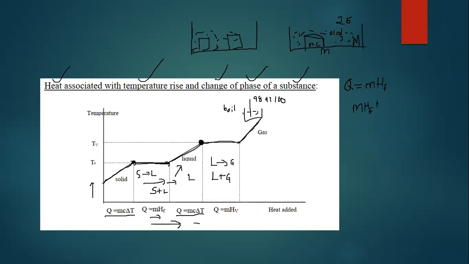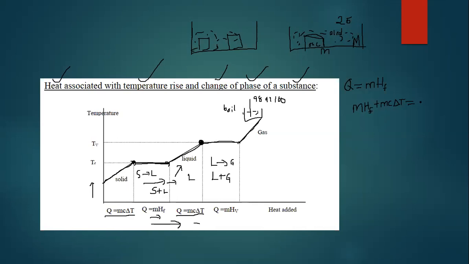plus mass. We expect after all the ice has melted, the heat which will remain will also try and change the temperature. So we also have mass times the specific heat capacity of water multiplied by the change in temperature. This should be equal to the alcohol liquid.